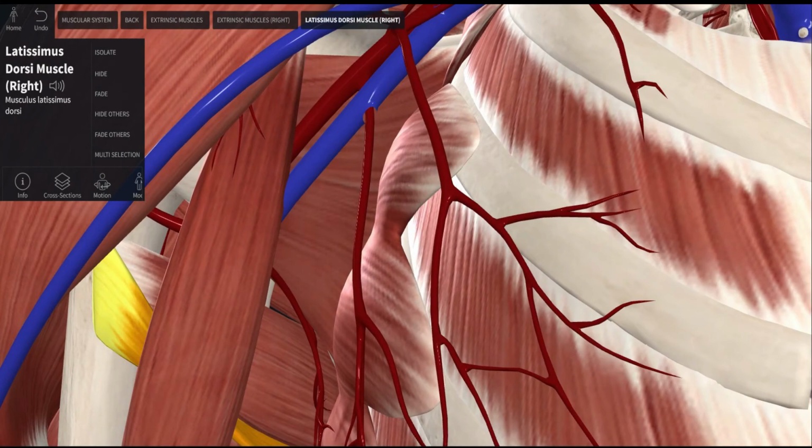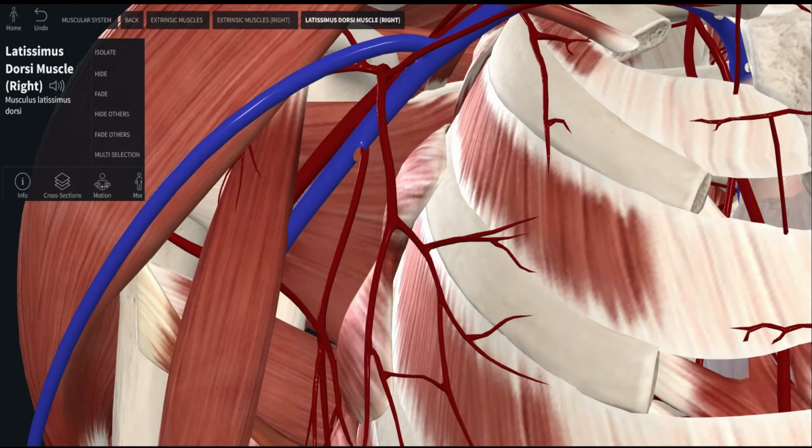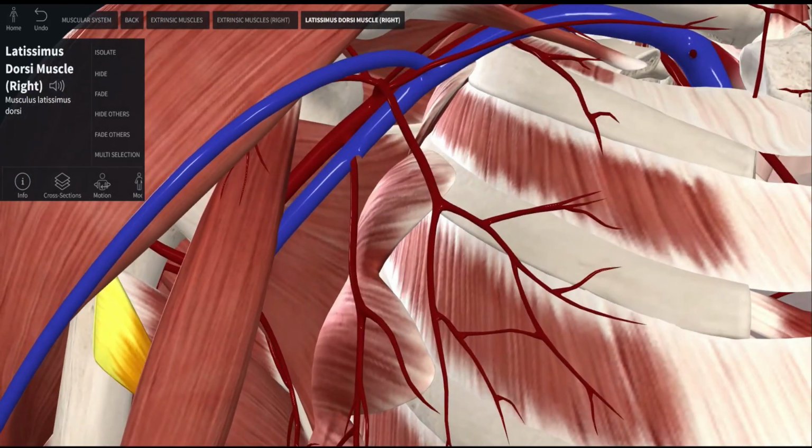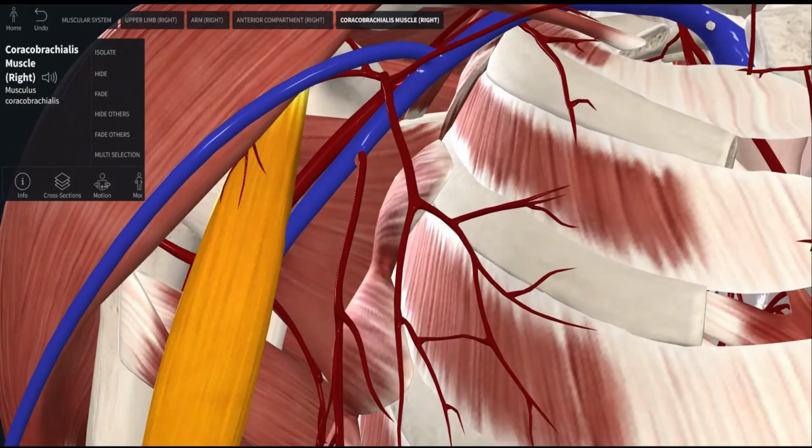What about lateral relation? Lateral relation, again there is brachial plexus, but along with that there is this muscle. This is the Coracobrachialis muscle right here. Coracobrachialis itself is not visible really, but I have removed the biceps brachii, and the short head of the biceps brachii, that really hides the coracobrachialis.